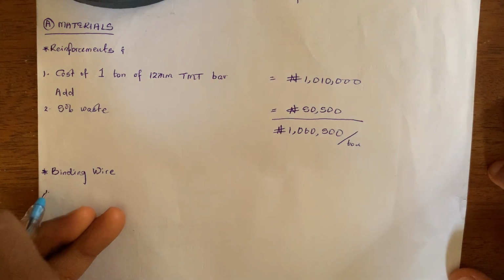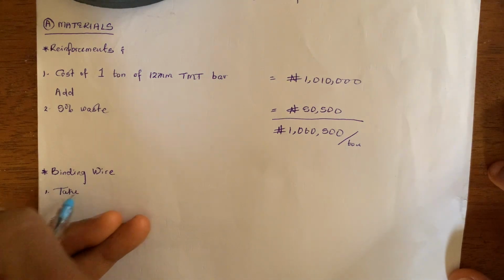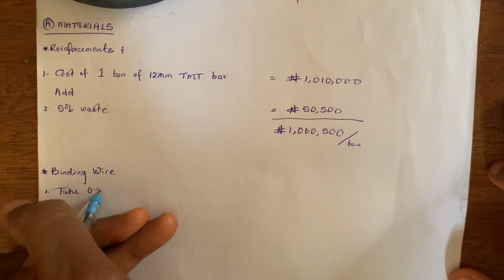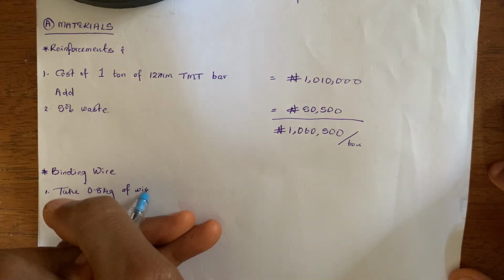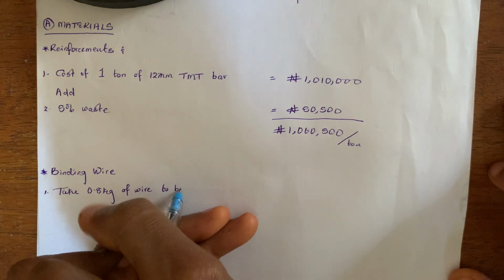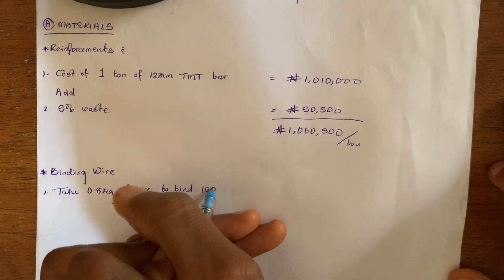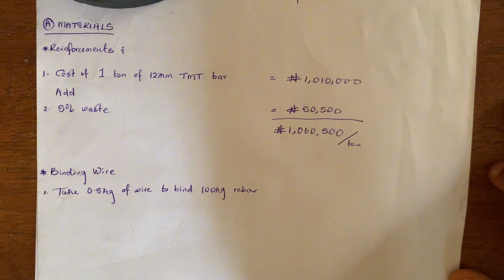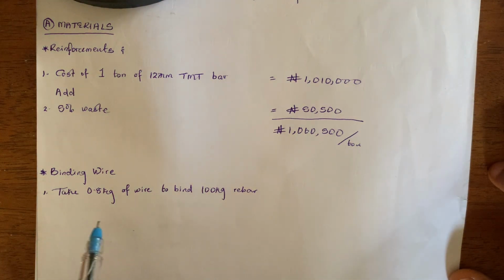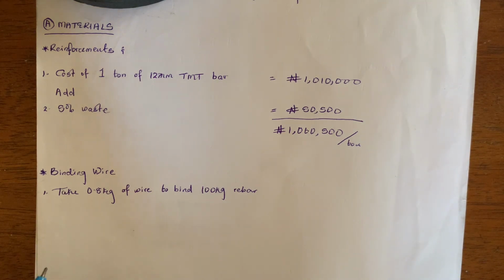So we take 0.8 kg of wire to bind 100 kg of rebar. How many kg of binding wire would we need to bind 1,000 kg? Remember, it is per ton. Everything we're doing here is per ton. To convert ton to kg is 1,000 kg.